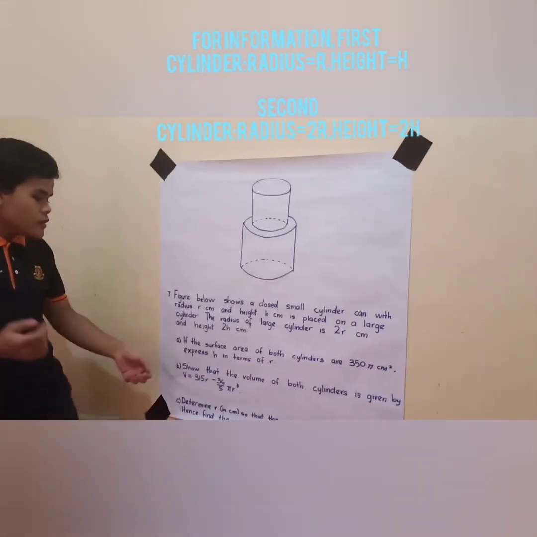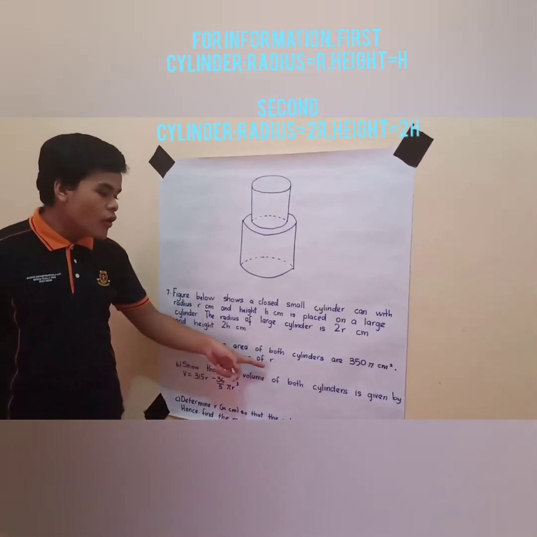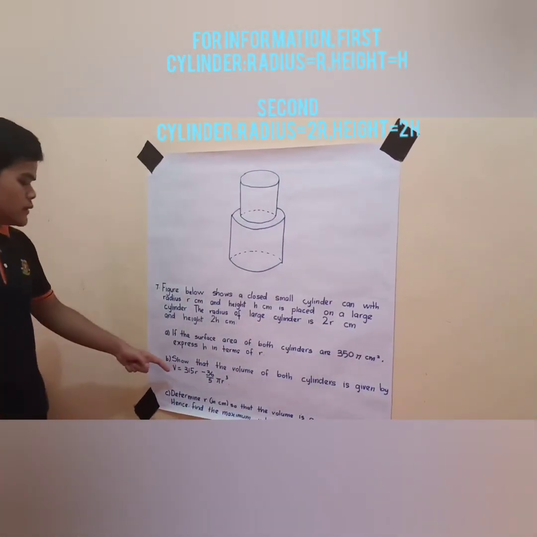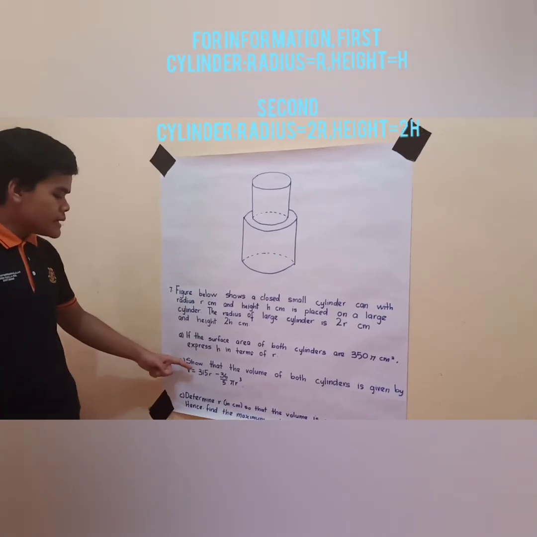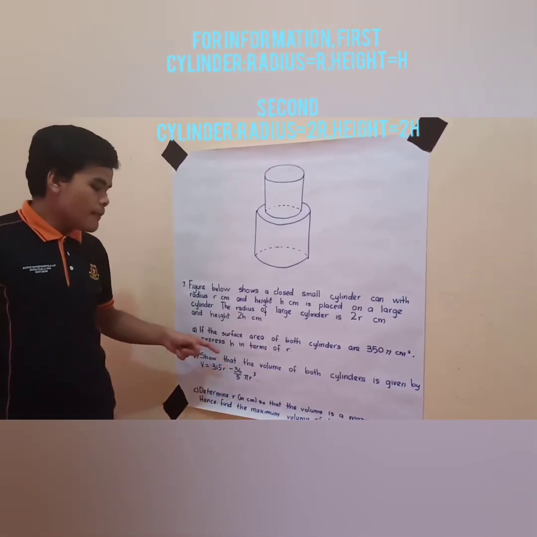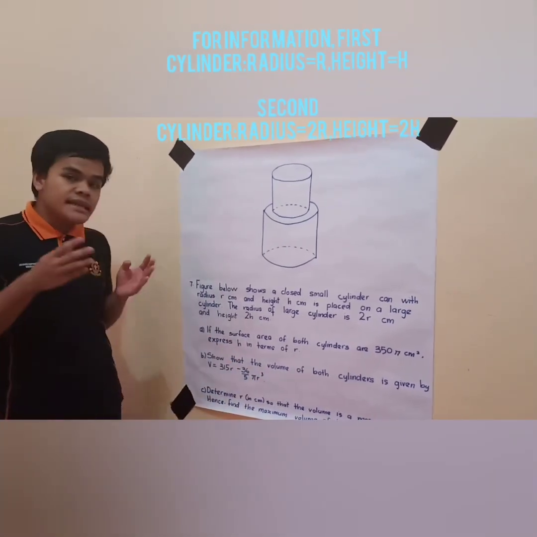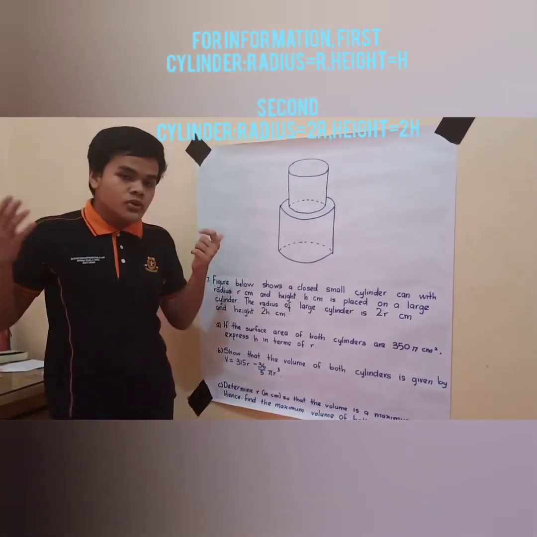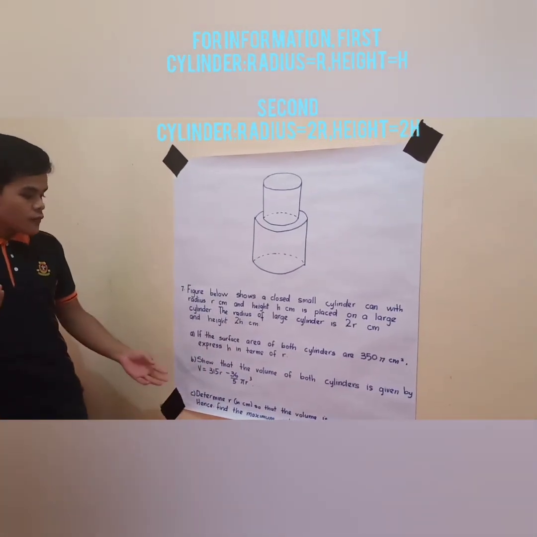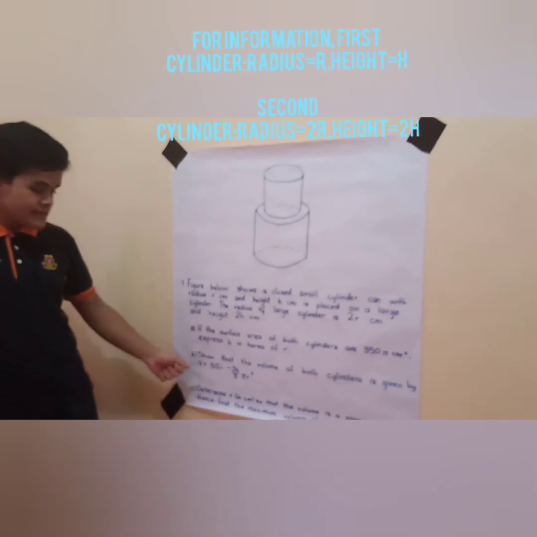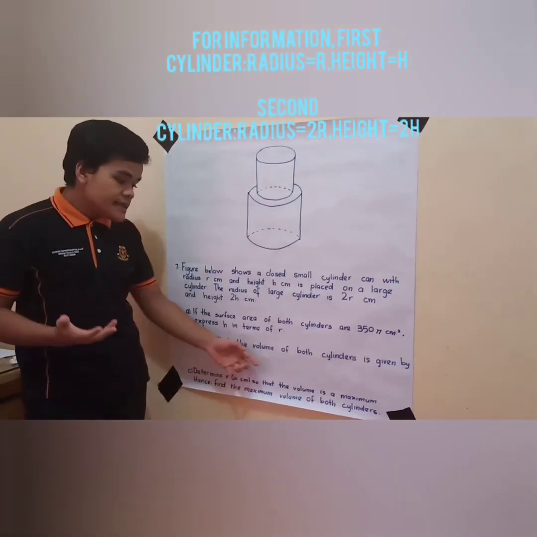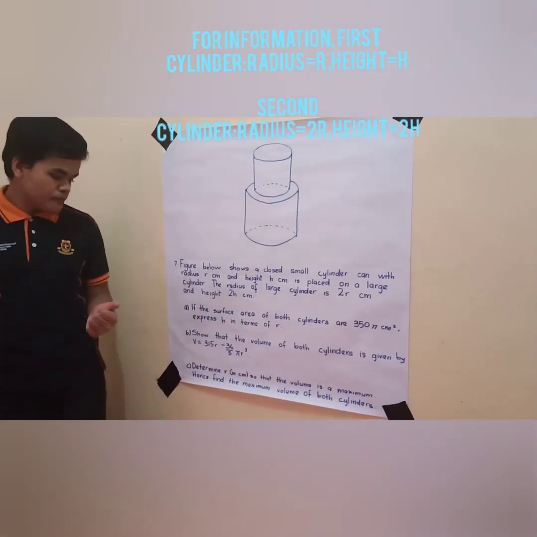B: show that the volume of both cylinders is given by V equal to 315 pi r minus 36/5 pi r cubed. So we need to know how to apply the volume of a cylinder. For the last one, C: determine r in cm so that the volume is a maximum.